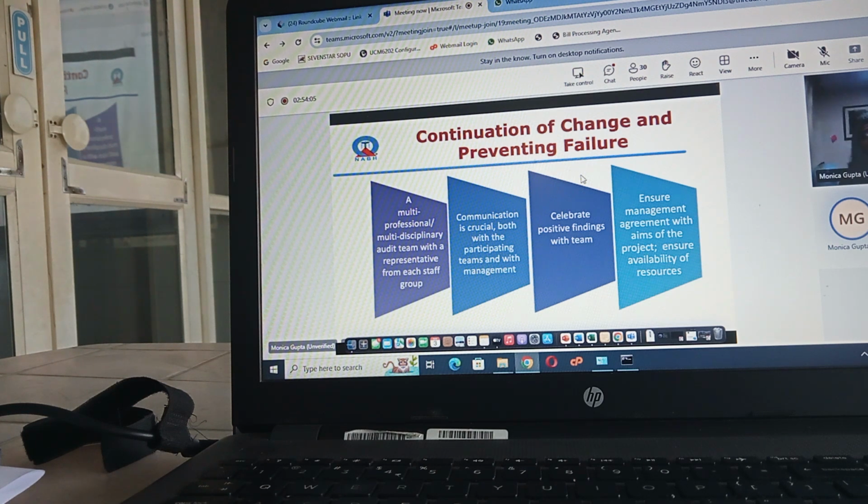One is we should have a multi-professional or a multidisciplinary audit team. What is the difference between multi-professional and multidisciplinary? Disciplines are of the same profession. A few disciplines coming under one profession.